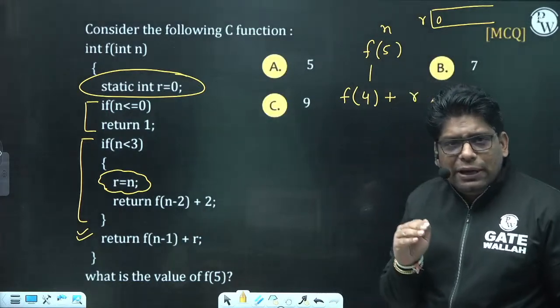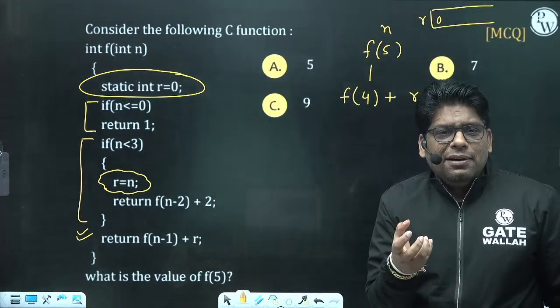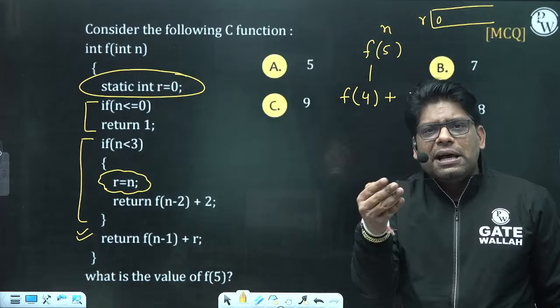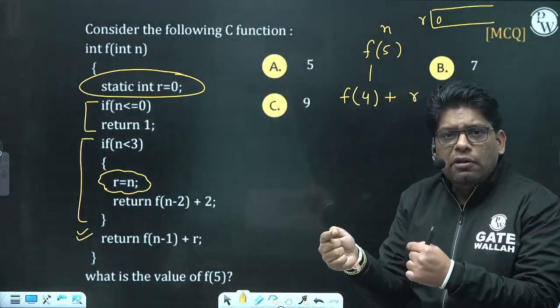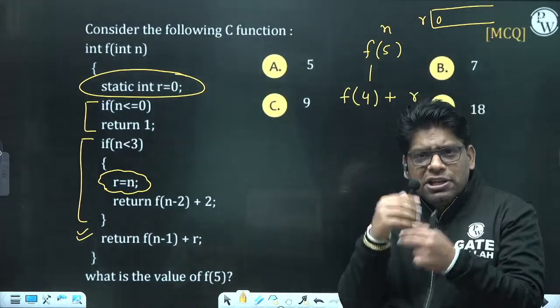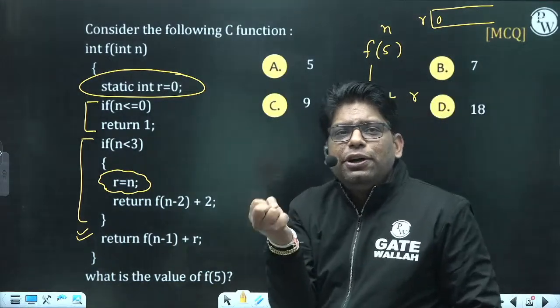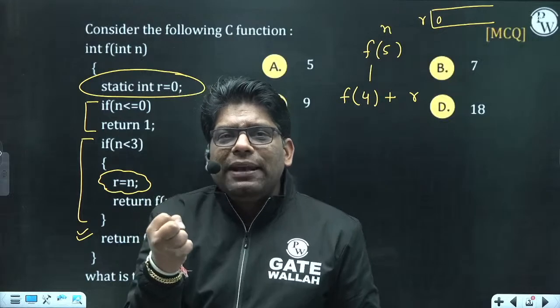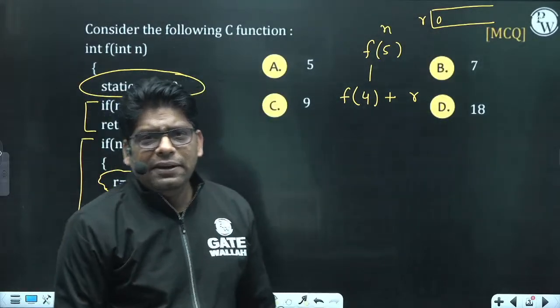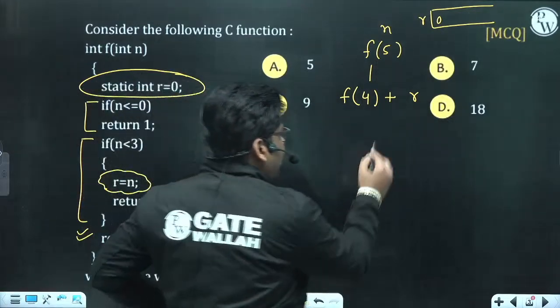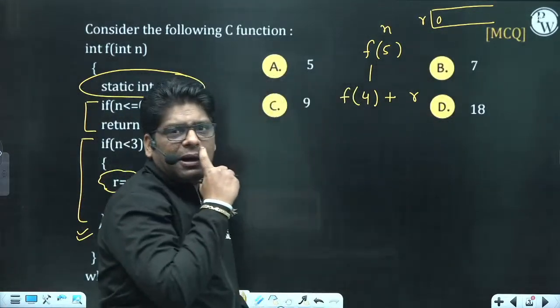We cannot perform addition until both operands are available, because the first operand is a function call. First that function call needs to be converted into a value. Then only you can add those two values. That's why I am writing over here the static variable r.